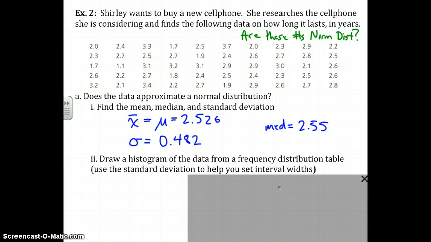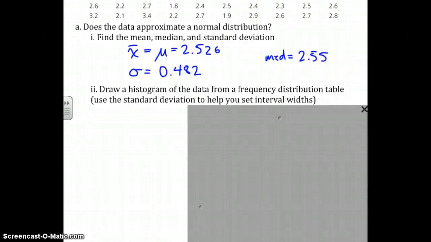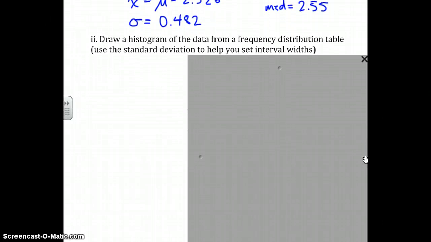Okay, so does that tell us if the data is normally distributed? Not yet. Next thing we want to do is draw a histogram and see, does this data look normally distributed? To make a histogram, first we need to make a frequency distribution.